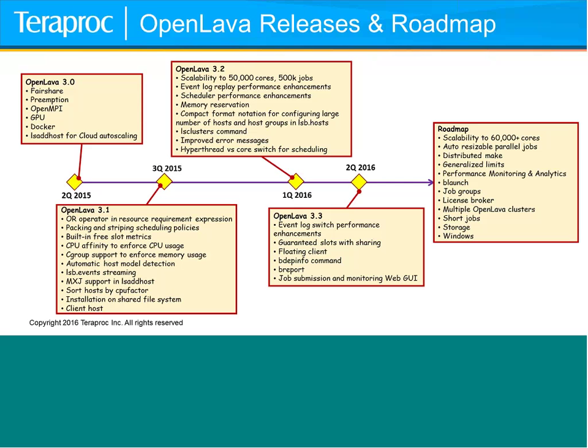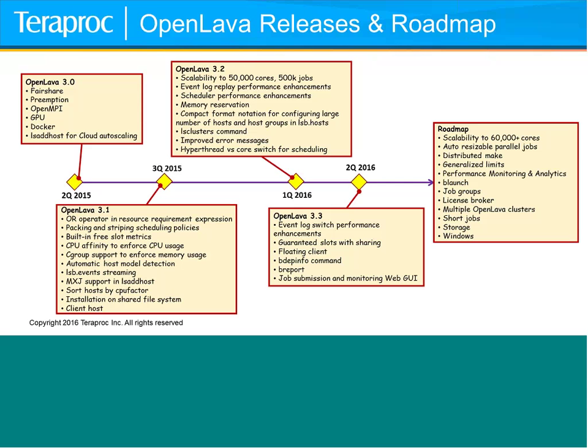As you go through some of these items, I'm just highlighting some of the key use cases. Client host was another one. As we move forward, one of our differences is that it looks like we're implementing features that exist in LSF, but what we actually try to do is look at the use cases.